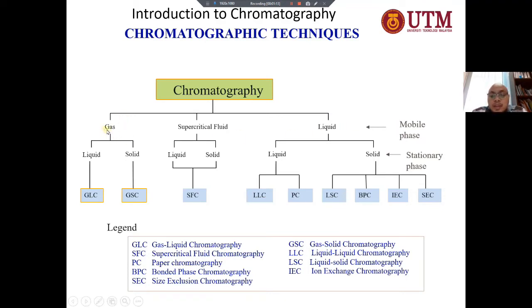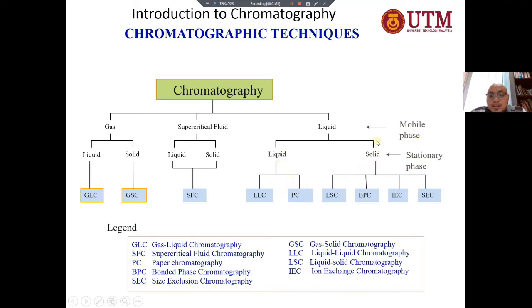In gas chromatography, the stationary phase can be liquid or solid. It can be further named GLC or GSC, gas liquid chromatography or gas solid chromatography. For the liquid, it can be liquid chromatography or paper chromatography.